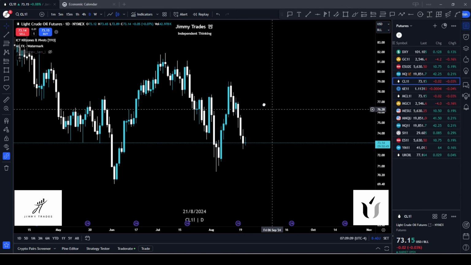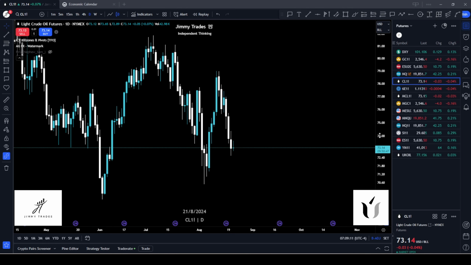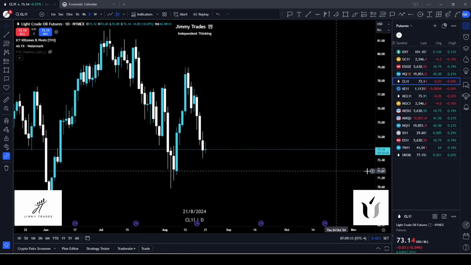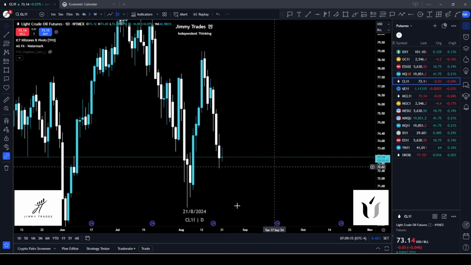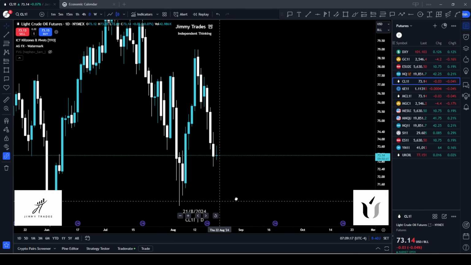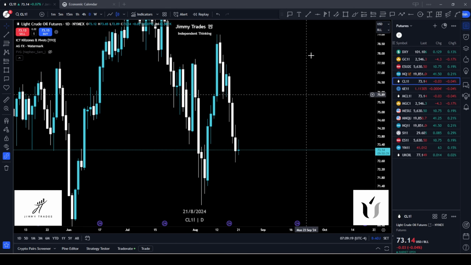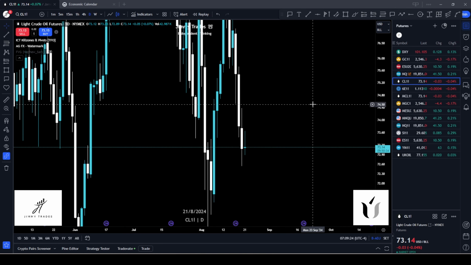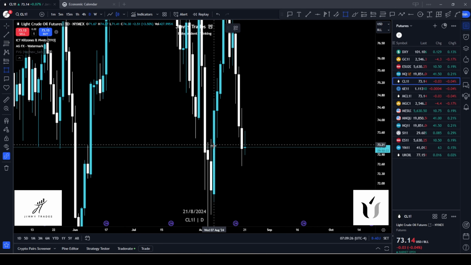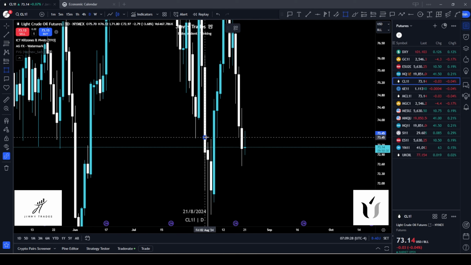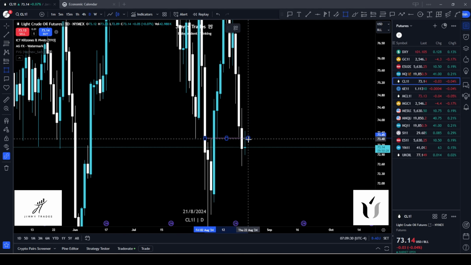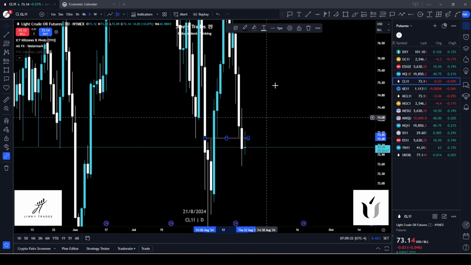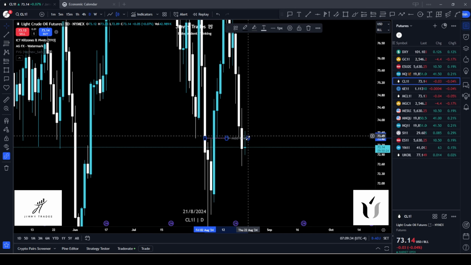Okay, so here we are on oil. So coming into the market yesterday, if we zoom in a bit here, oil was located at this bullish FVG. It is tiny, but it was located there.